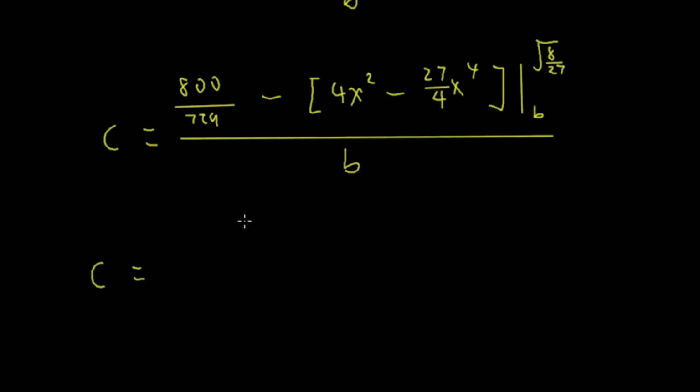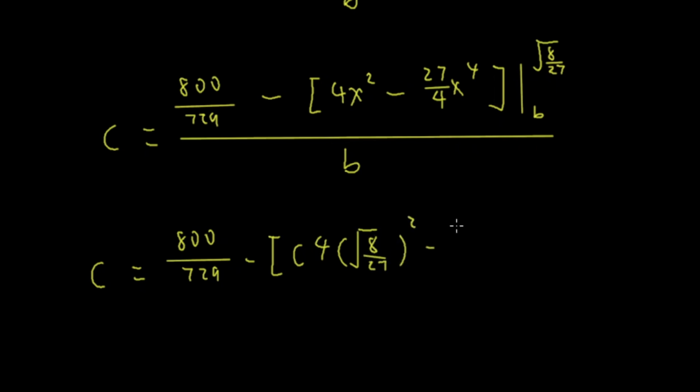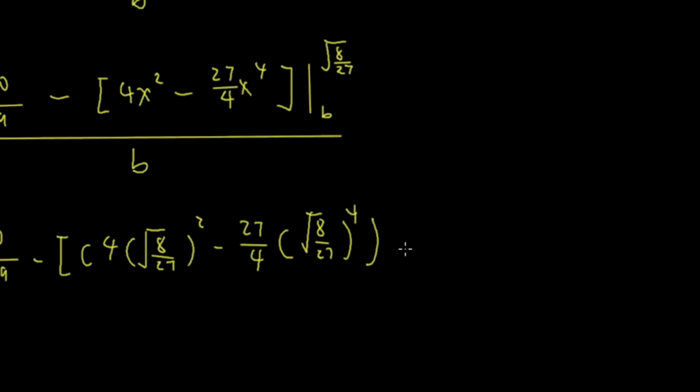Okay, so now evaluate this. So this will be 4 times square root of 8 over 27 squared minus 27 over 4 times square root of 8 over 27 to the 4th, minus, let me use this bracket, now 4 times b squared, right?